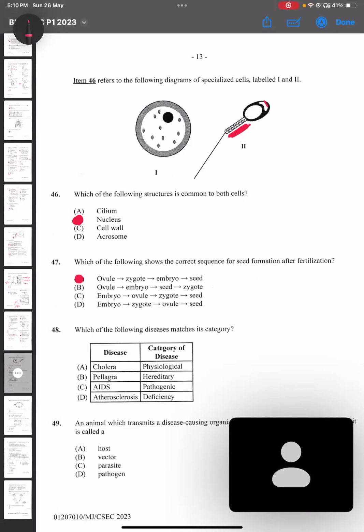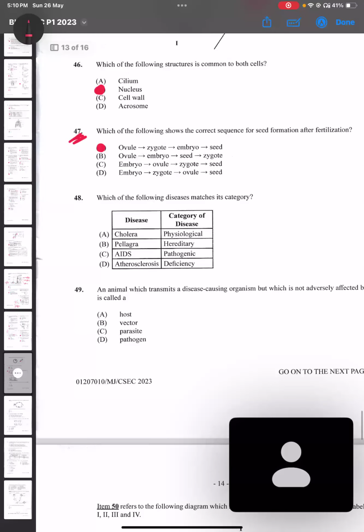However, we can leave that to check at the end to see which one is the answer. So we have the argument between A and D. So we'll check that at the end, and then we're going to move on to number 48.